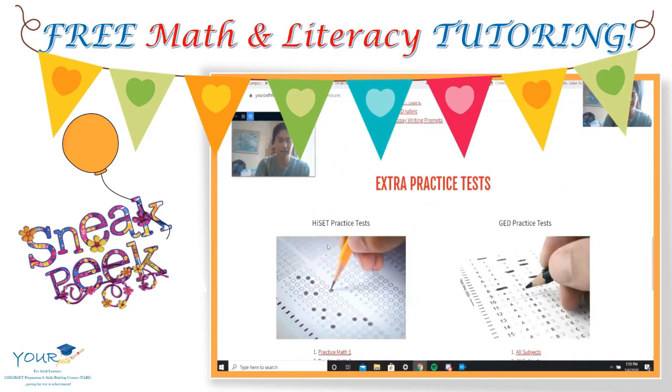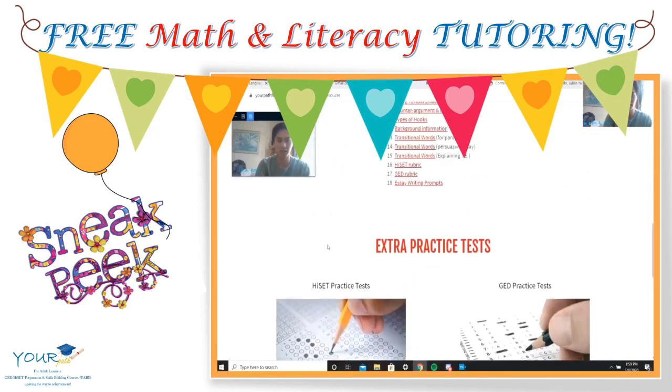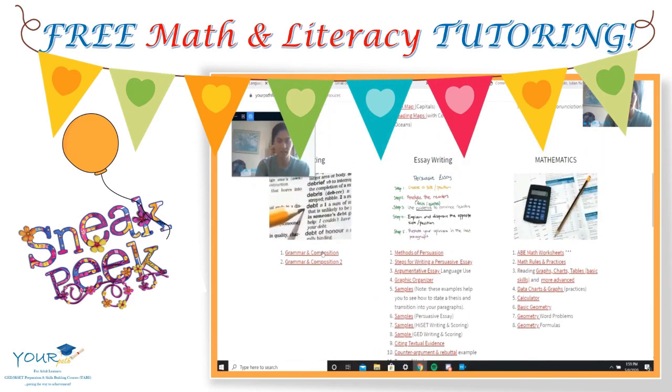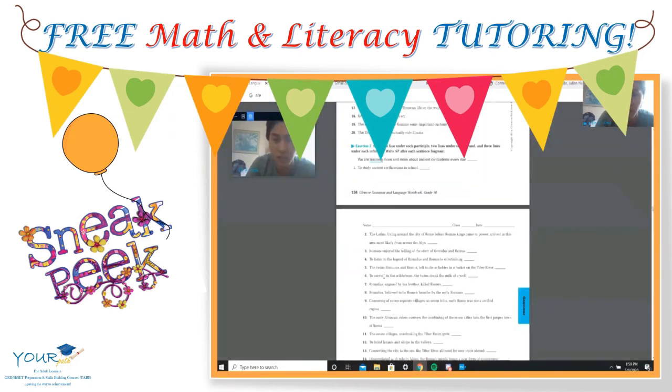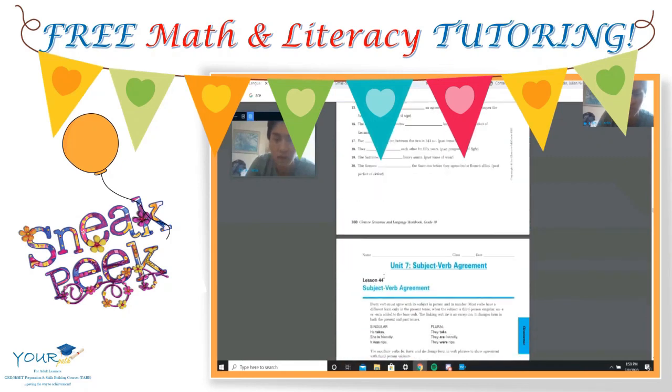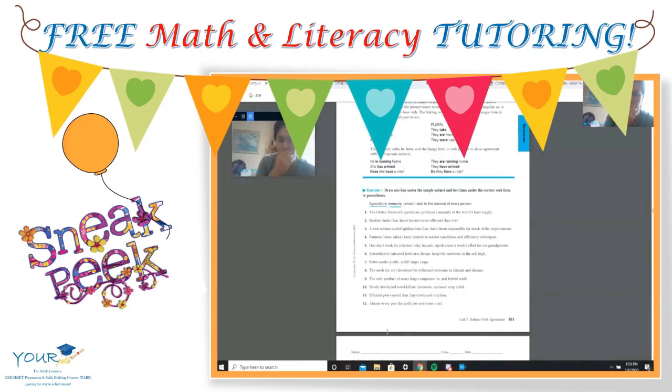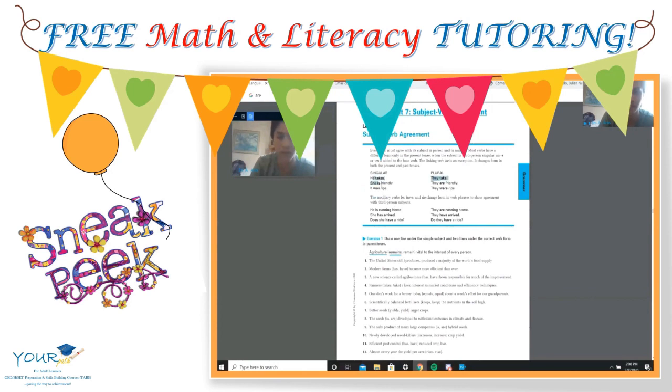You're studying for the Hiset writing portion? Yes. Okay. Alright, so I don't know if there's a way that you could share all your answers. So instead of that, we could just go through it one by one. Can you see my screen okay? Yes. Okay. So, if you want, we could just go through the exercise question by question and really just break each one down. So how comfortable would you say you are with the subject-verb agreement?